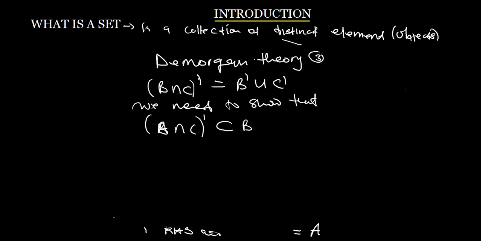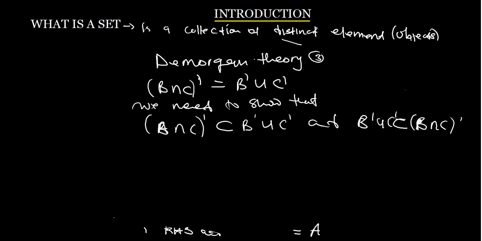So B complement union C complement should be the subset of B intersection C open bracket complement, and the reverse. So that's the statement we need to make.